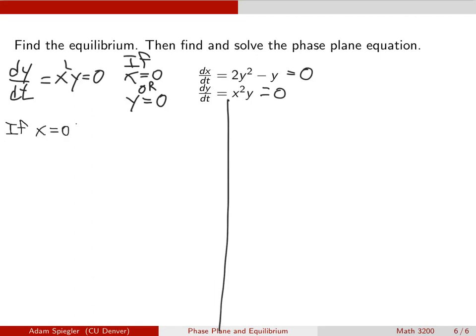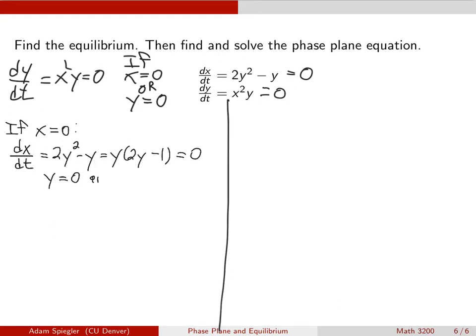If x is equal to 0, then the other differential equation, dx/dt, is independent of x. So that would just look like 2y squared minus y equals 0. Factoring a y out gives us y times (2y minus 1) is 0.